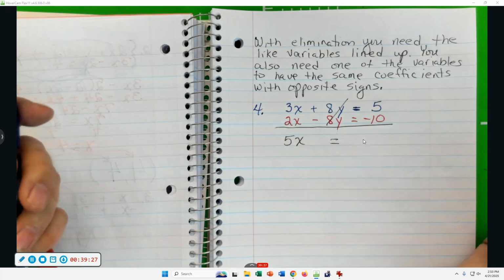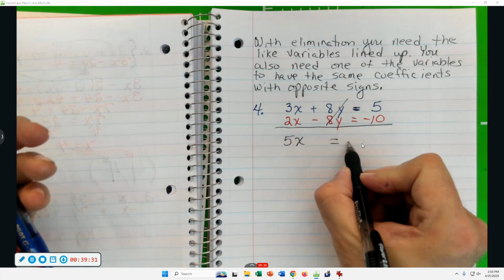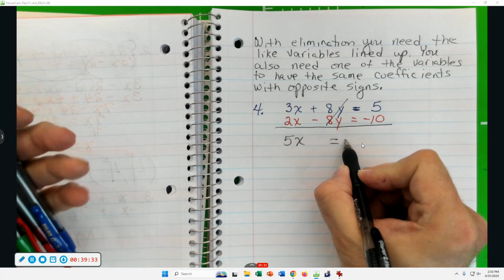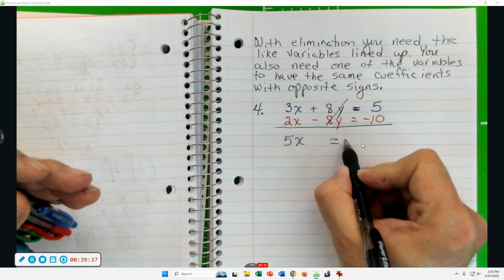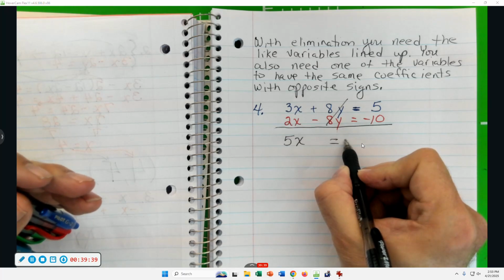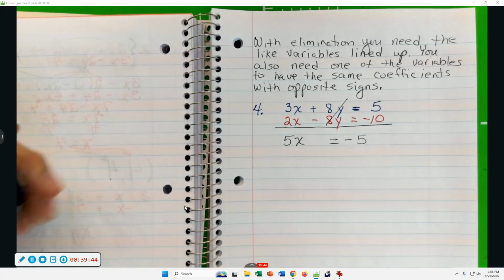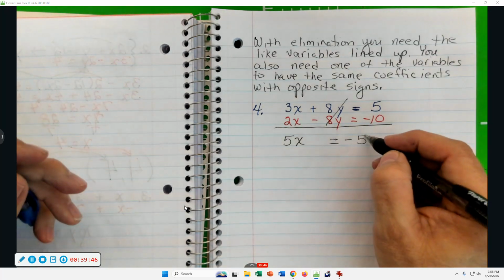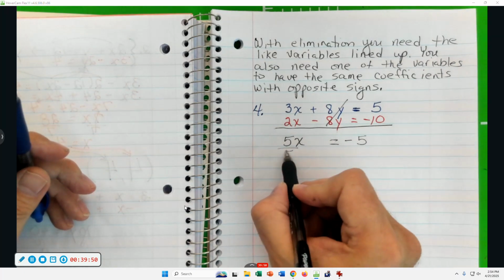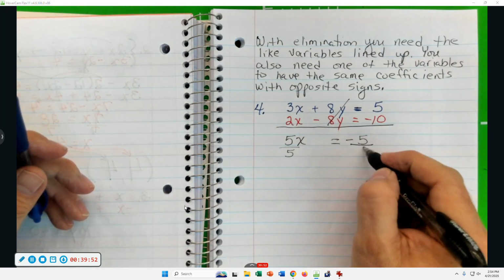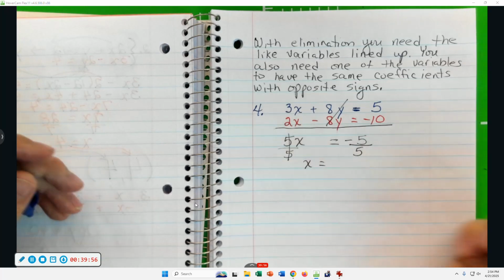What are we going to have on the right side? 5, yeah. 5. Is it positive or negative? Negative. Okay, this one we can solve without too much trouble now. Divide both sides by 5 to get the x by itself. And we're getting x equals what?